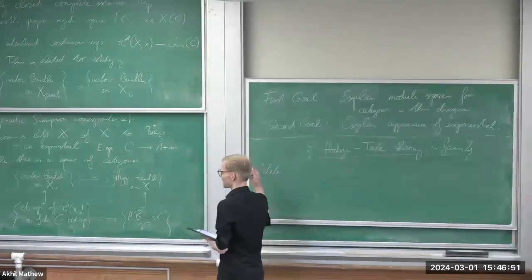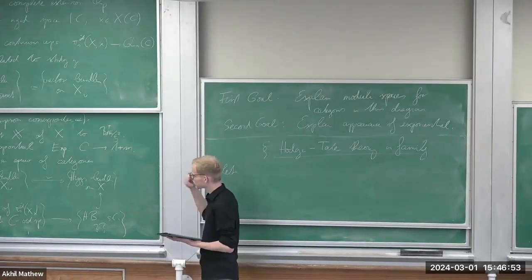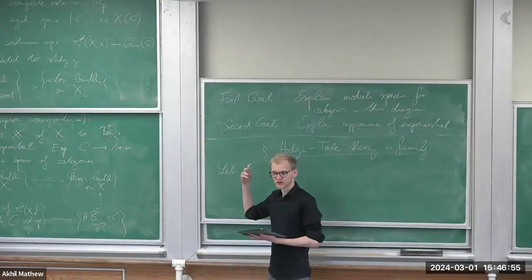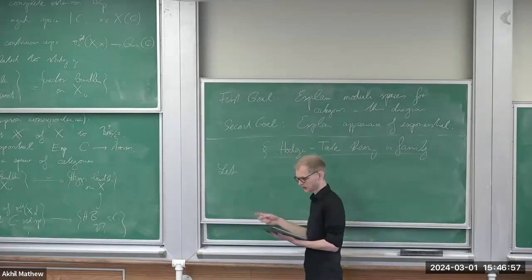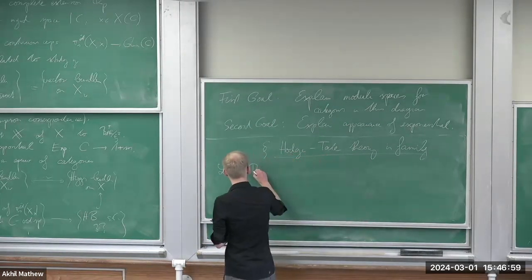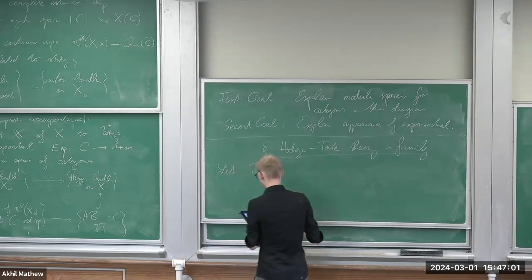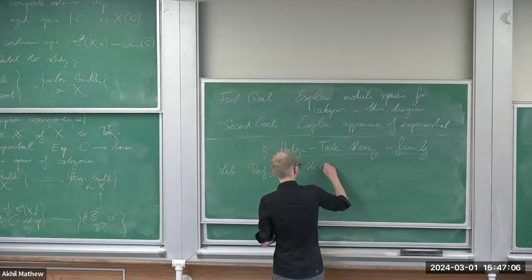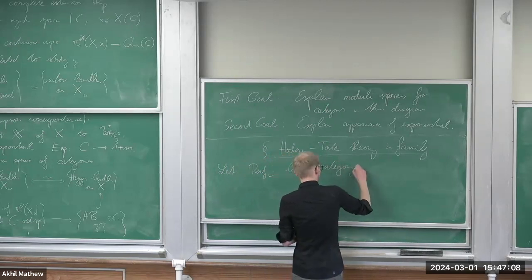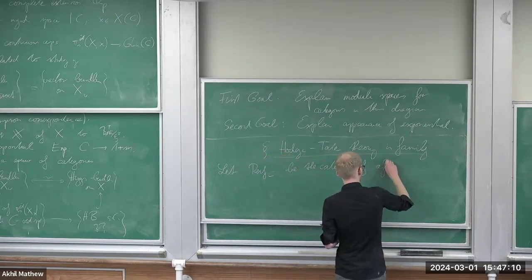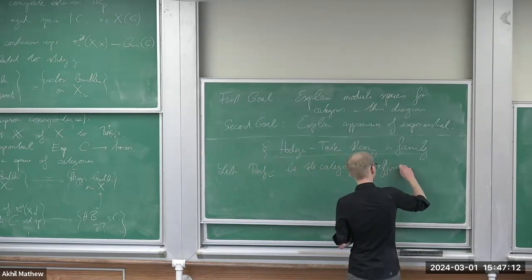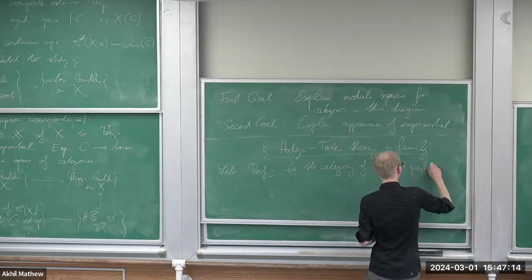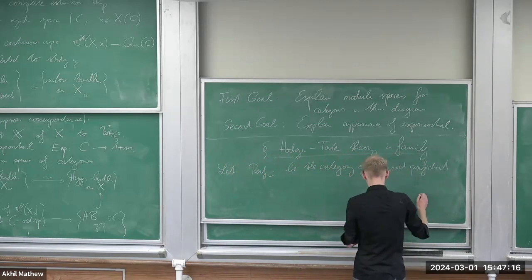The main question is, I want to take some functor of points and write down some stacks, and what's the test category I should choose? And I want to explain that the correct category is perfectoid spaces. Or actually, I don't want to explain too much about that, but it's definitely the right choice.